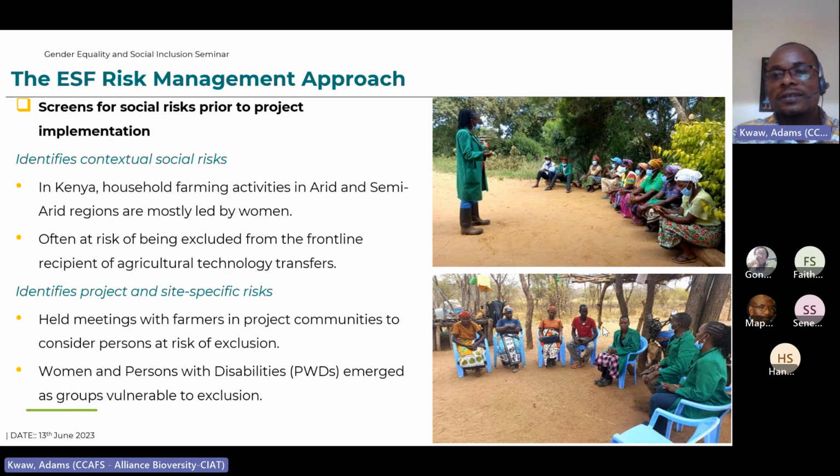So we discussed and agreed on measures that would be useful to create the enabling environment and space for women and persons with disability to be involved, learn from the project CSA innovations, and apply them in their work.